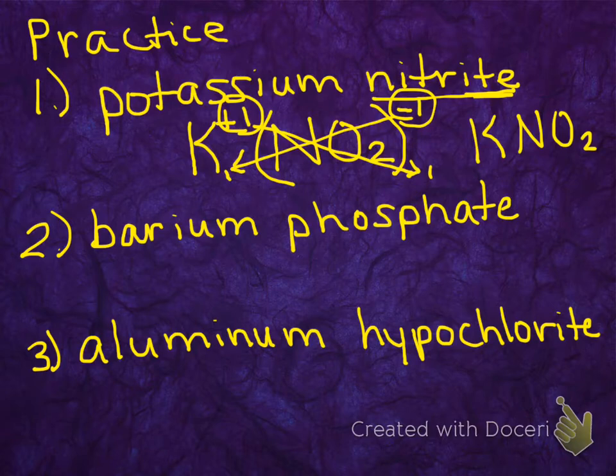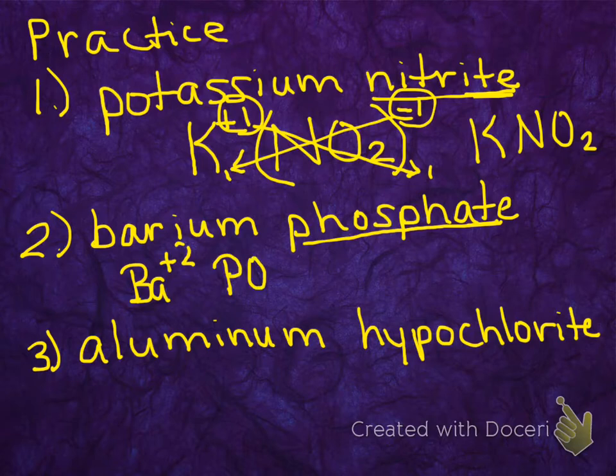Second example, barium phosphate. Barium is Ba. It's in group 2, so it's got a +2 charge. Phosphate, look at your polyatomic ion chart. Phosphate, ATE ending, that's the clue. Phosphate is PO4. That whole thing has a -3 charge.